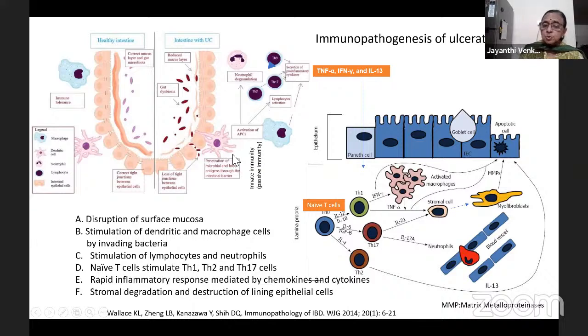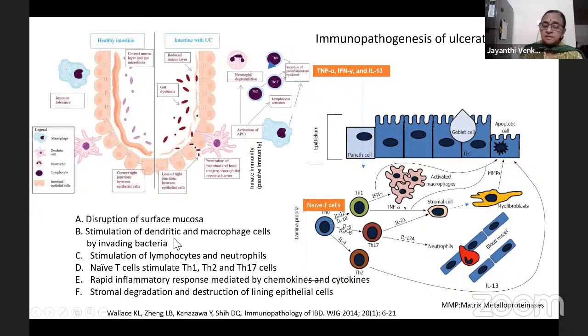What happens here is there are two important cells that participate in this inflammatory process. We have the dendritic cells and the mononuclear cells. Both of them are involved in the extensive cascade of immune-mediated responses, resulting in production of excessive cytokines as well as chemokines.